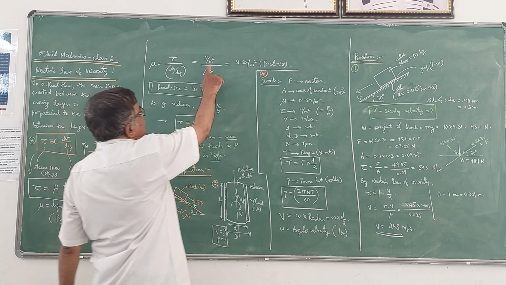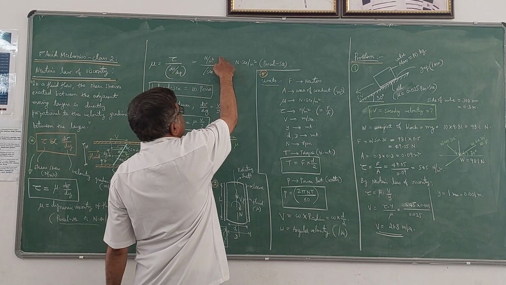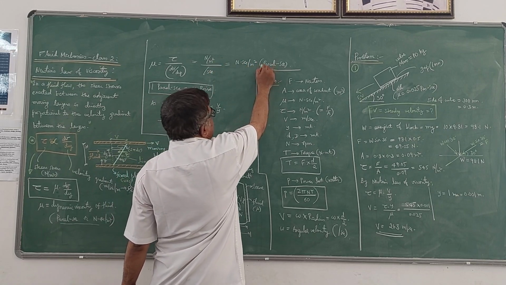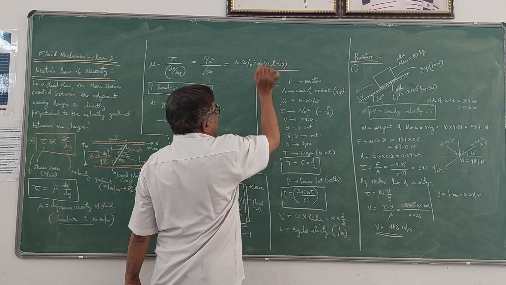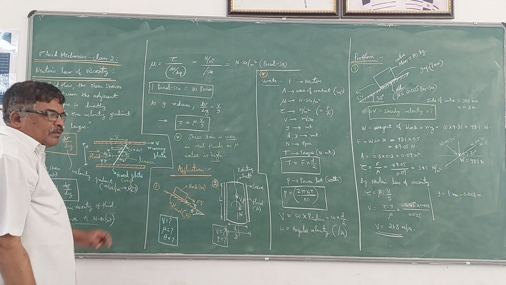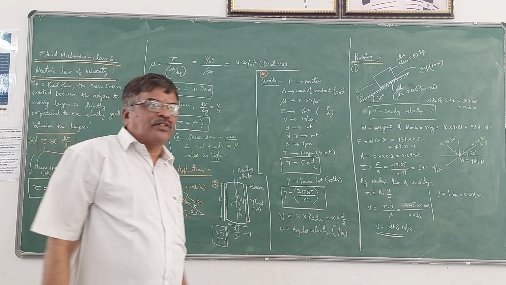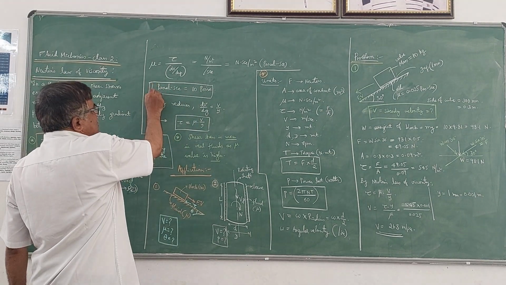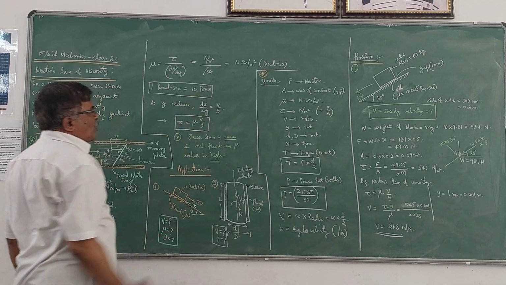So you can write this as Newton second divided by meter square. Newton per meter square is nothing but Pascal. So Pascal second is the SI unit of dynamic viscosity. The dynamic viscosity can also be expressed in another form called poise. The conversion is 1 Pascal second is 10 poise.